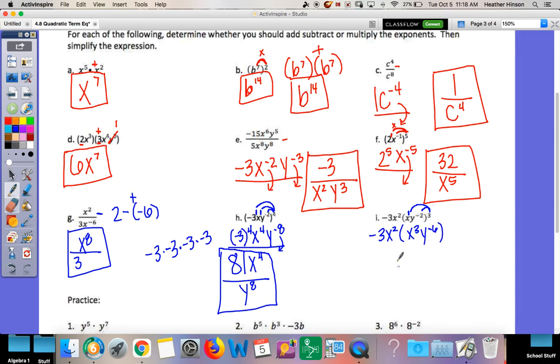And then I can combine all these up. Negative 3 is my only coefficient, so I'm going to bring that down. My two x's, that's x squared times x to the 3rd. For my exponent, that means I'm going to add. So 2 plus 3 is x to the 5th. And remember my negative exponents, they get flipped to the bottom and they become positive.